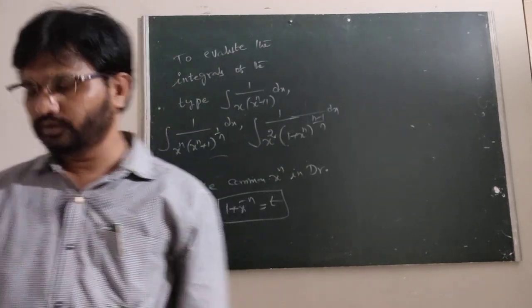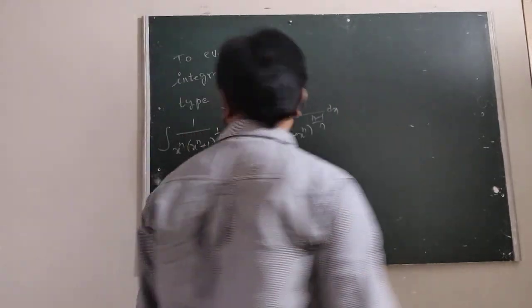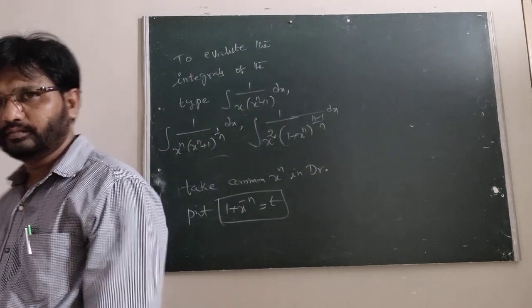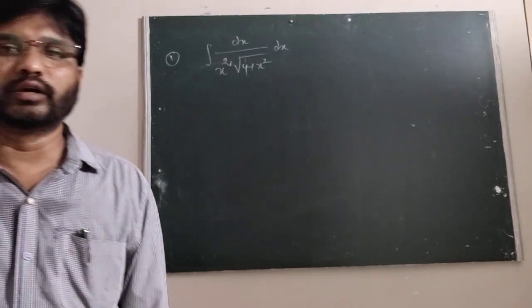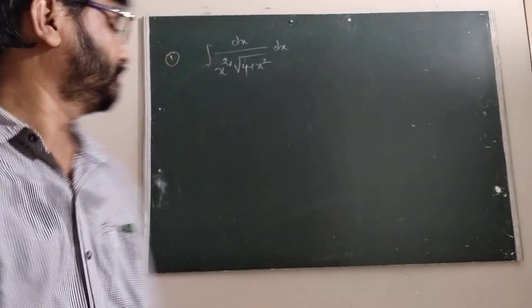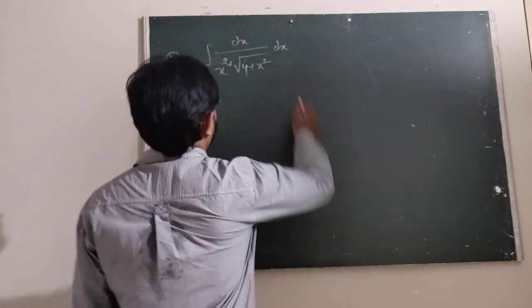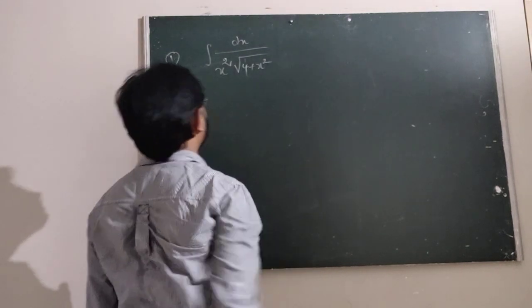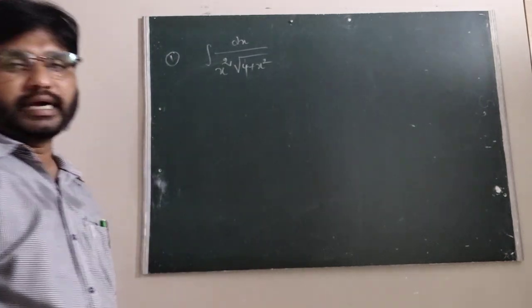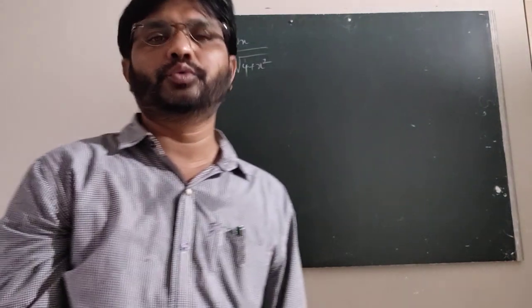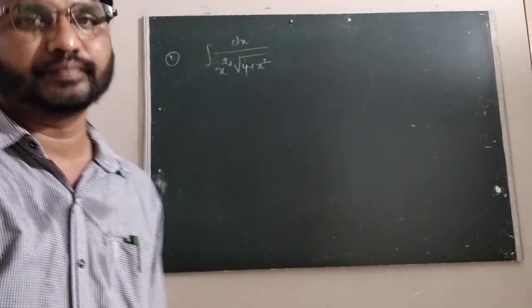Okay. So now we are taking one example here. Evaluate the integral dx by x square into under root 4 plus x square.